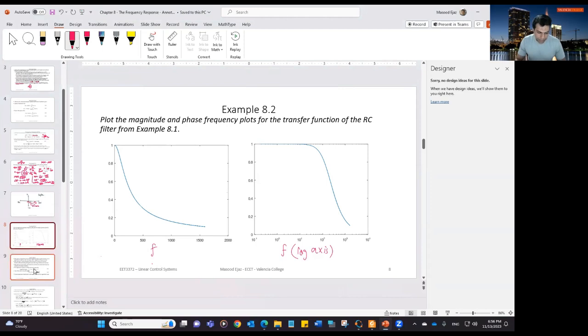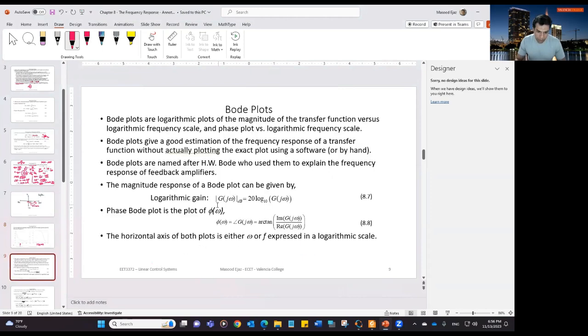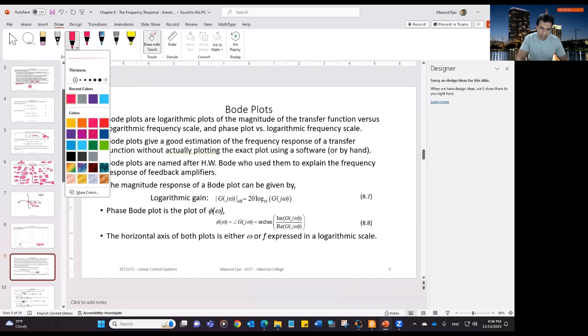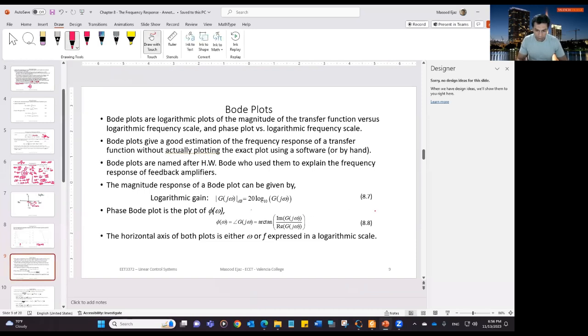In Bode plots, we plot the gain of the system, or transfer function, whatever you want to call it, in decibels. So as you can see over here, G(j omega), or you can call it H(j omega), is calculated in decibels: 20 log 10 of |G(j omega)|. And the phase is simply the phase that we've been plotting.